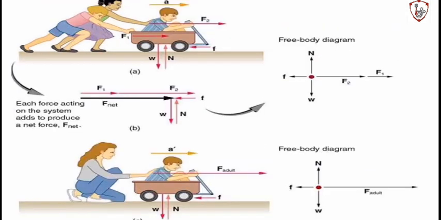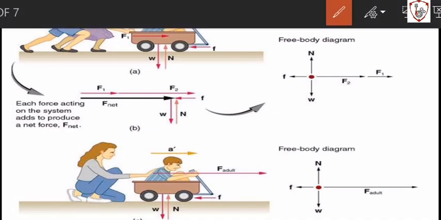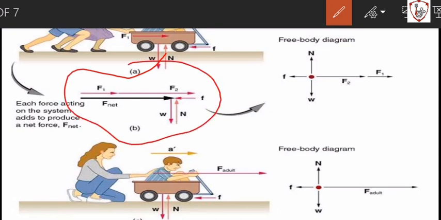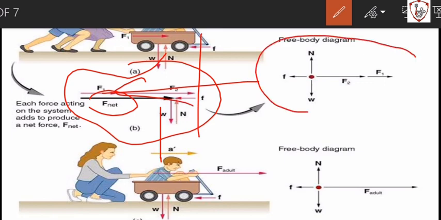Now the same case, if we analyze it further, there is F1 and F2, that means F net, working in the forward direction, weight downward, normal force upward, frictional force in the backward direction. Then it becomes a free body diagram if we reduce the boy and the cart further to a point or a dot.